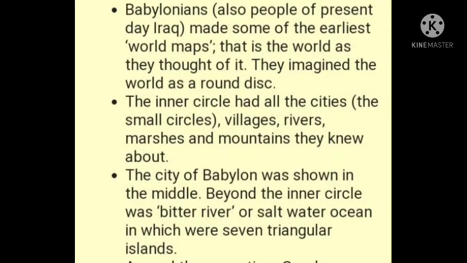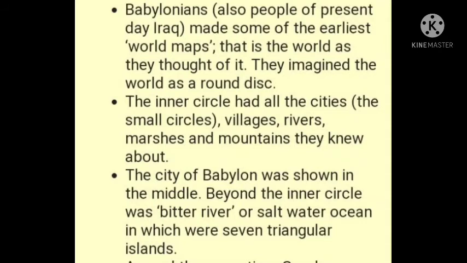Babylonians made some of the earliest world maps. This is also present-day Iraq. That is the world as they thought of it. They imagined the world as a round disk.